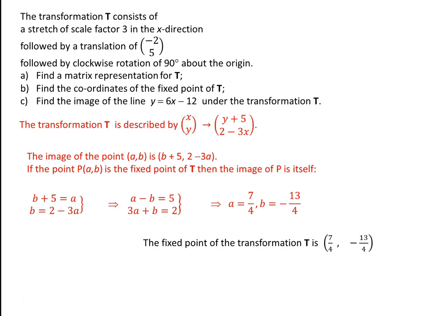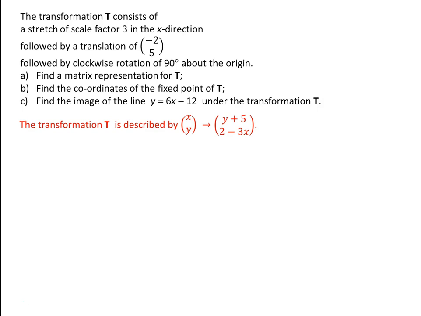And for the final part of the question, again we're going to use the fact that the transformation is described by (x, y) goes to (y + 5, 2 - 3x). A typical point on the line y = 6x - 12 is the point (p, 6p - 12).